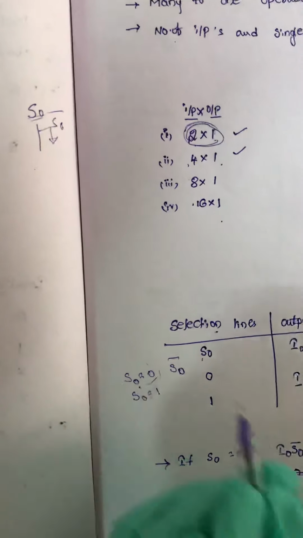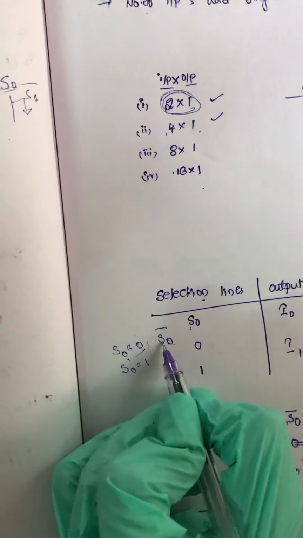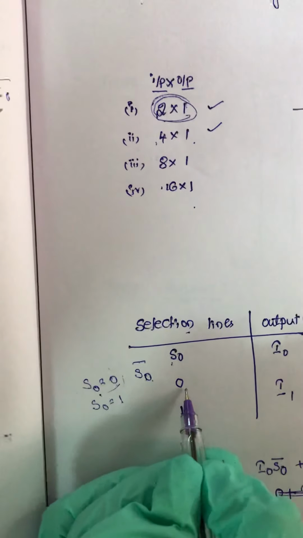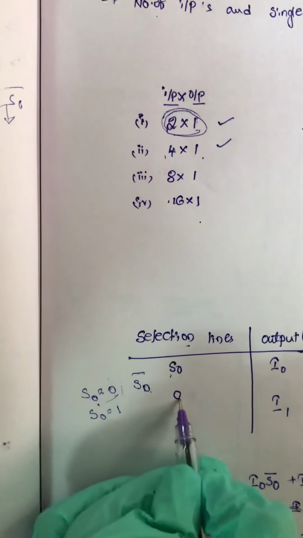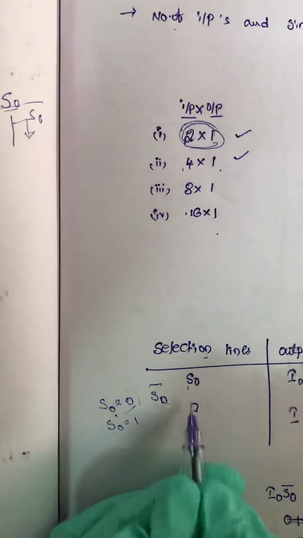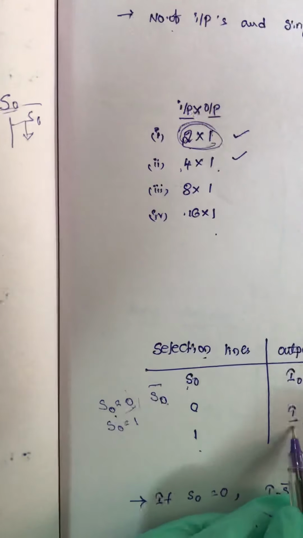In each condition we get only a single output from the number of inputs. For S0 equals 0 we get the single output I0, and for S0 equals 1 we get the single output I1.